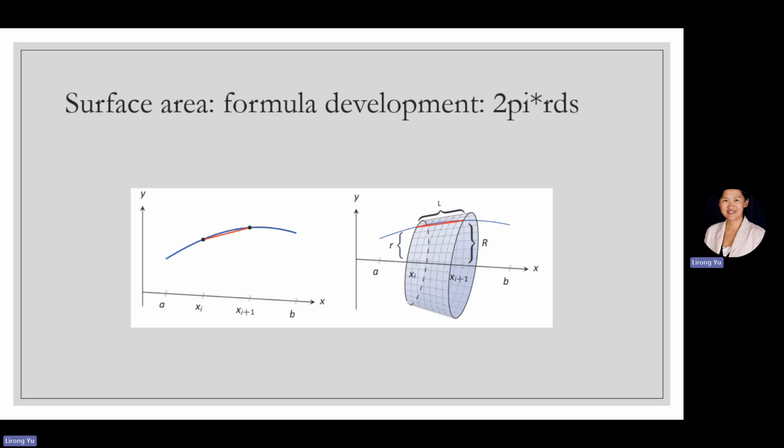Let's move on to surface area. So how do we calculate the area of a surface? And in here, we're working on the surface area of a revolution. In Calc 3, we can calculate any three-dimensional surface area, so it doesn't have to be a revolution.